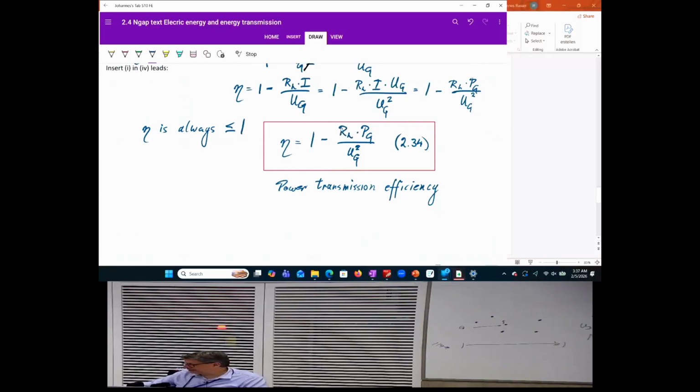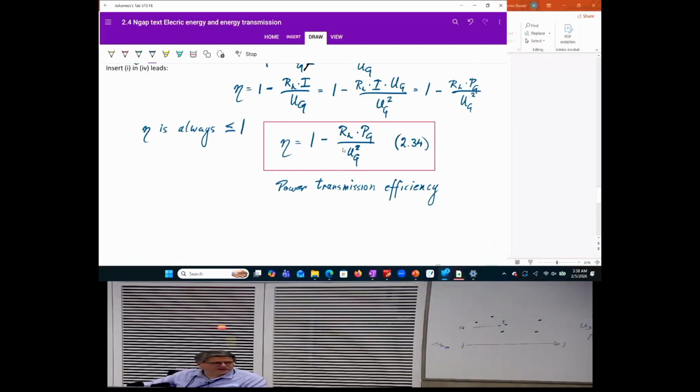But since you eventually run into a limit, you cannot make the resistance of the line arbitrarily small. Another advantage for increasing this efficiency is by making your generator voltage as high as possible.